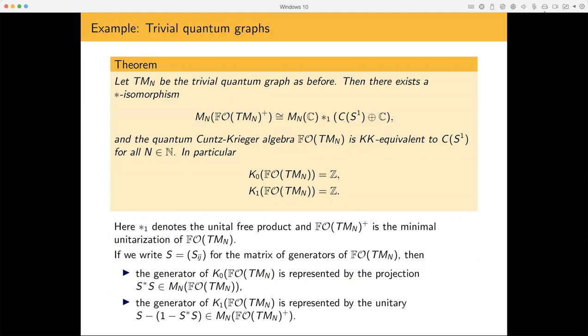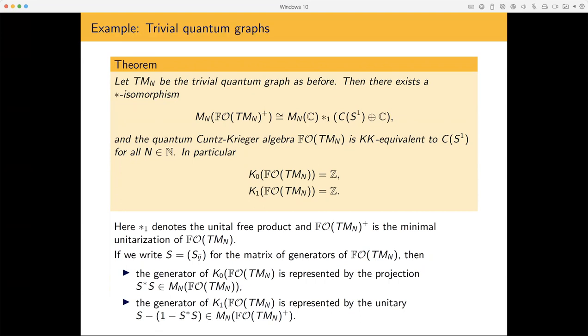And really what happens is that you get a free product, a unital free product of functions on S1 unitized and n by n matrices. And if you like, the copy of functions on S1 is in a sense the leftover of the ordinary Cuntz-Krieger algebra one would get if one were to look at n equals 1. And this new bit which enters the picture comes from taking this free product with matrices.